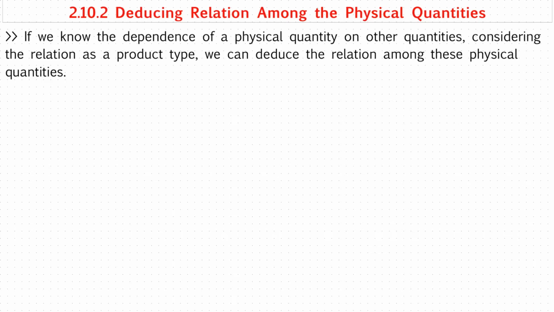And suppose we also know that the relation between these physical quantities is of product type and not of addition type or subtraction type or something like that. So in that case, we can deduce an equation which shows the relation between these physical quantities.